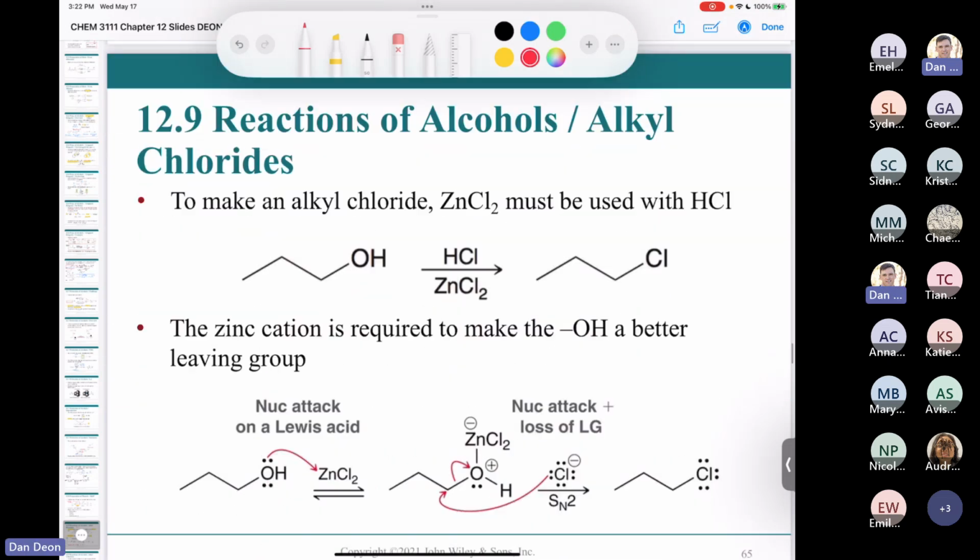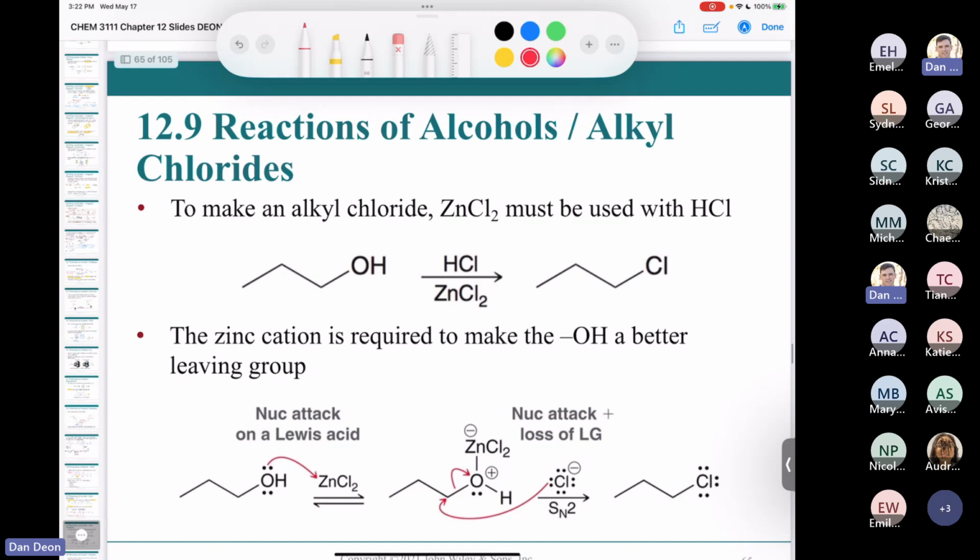So if you want to do the same thing to make an alkyl chloride using a primary alcohol, you have to spruce up the conditions. The way you do that is by using zinc chloride, ZnCl2. So we use zinc chloride with HCl, and that will spruce up the reaction enough that it will cause the chloride to be a good nucleophile and do a nucleophilic attack and form the alkyl chloride.